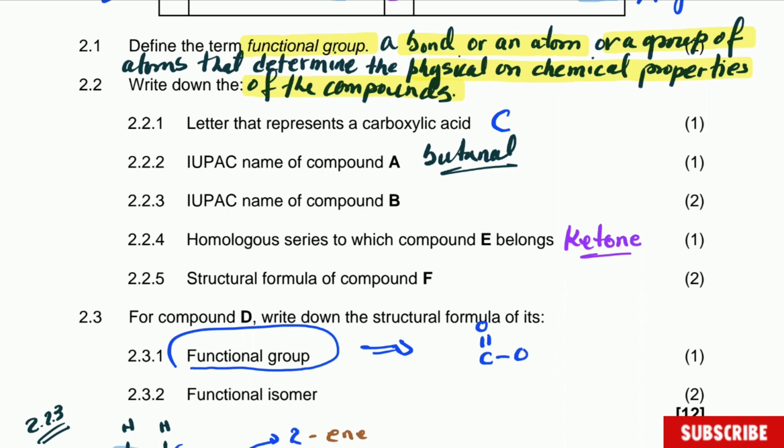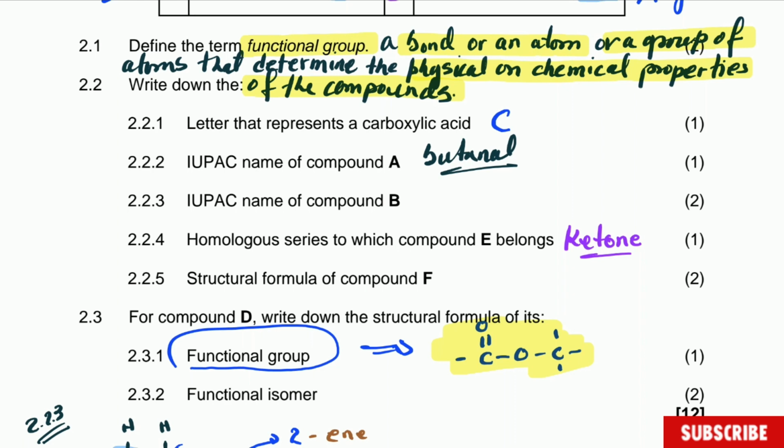This one is oxygen carbon, and this one here doesn't need to be carbon. There we go. That is the functional group of an ester. You know, it's very easy to forget because this one was done quite long ago, and you forget very easily. So it's the functional group they want, structural formula of each functional group, and the functional isomer.